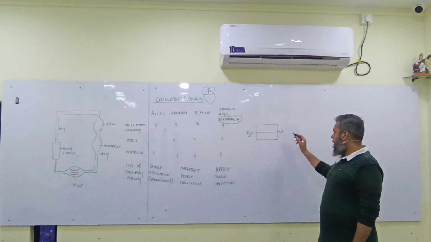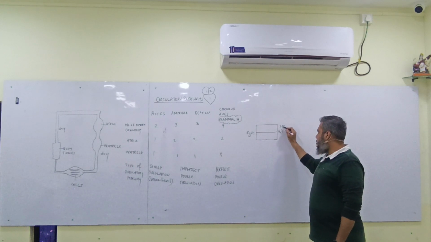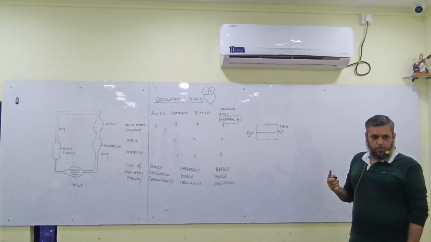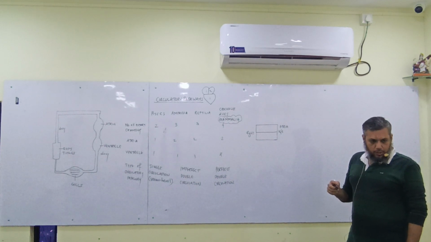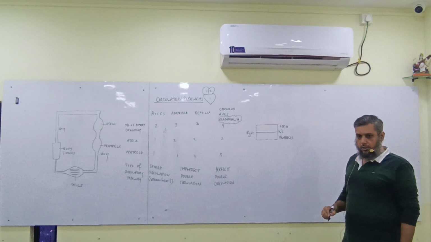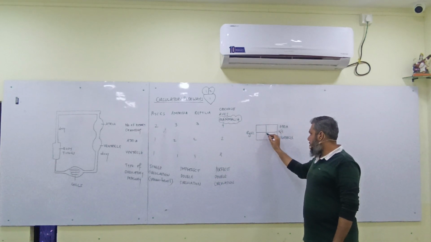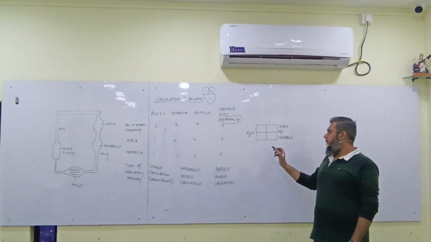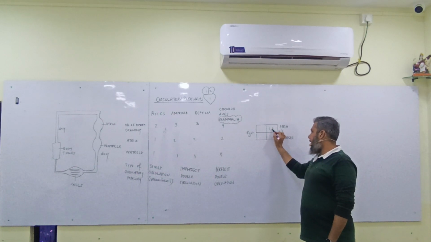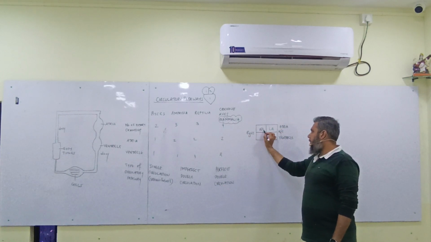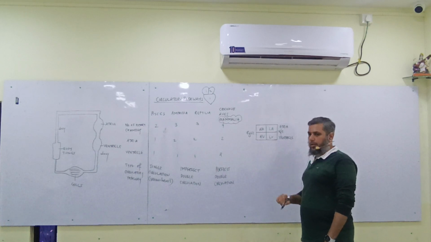So now that line is dividing it into two chambers, upper and lower. Okay, now let's bring back our original line. Now how many chambers do you see, guys? Four chambers. Now we will divide them as left atrium, left ventricle, right atrium, and right ventricle.